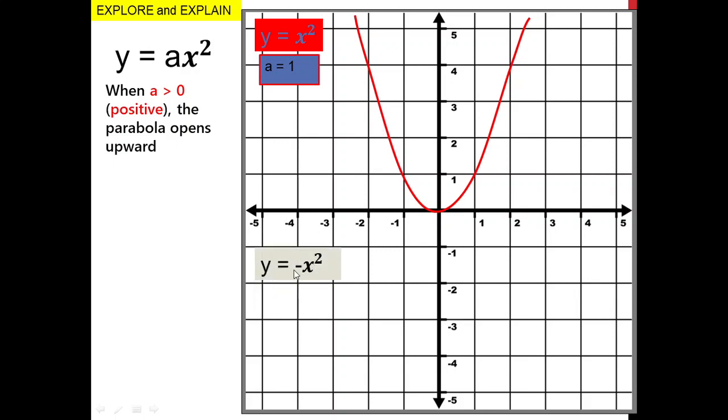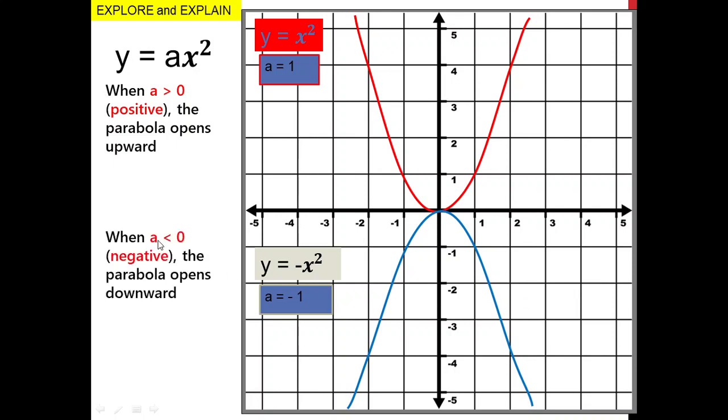Now, what if we have a negative value of a? Say for example, when a is equal to negative 1. As you can notice here, the equation is similar to our parent equation. The only difference is we have a negative value of a. Try to take a look at the graph of the said equation.